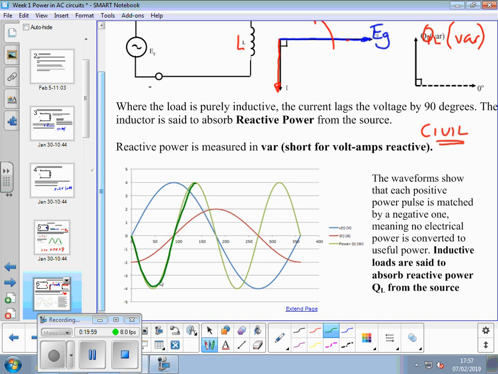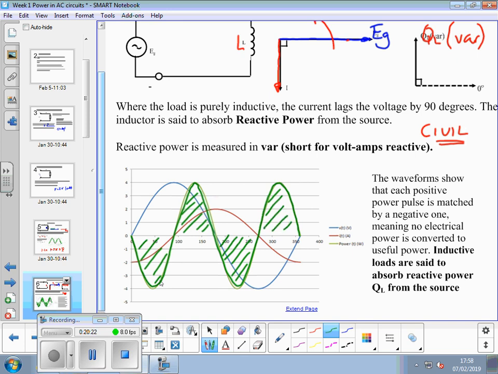And if we then calculate the instantaneous power, there it is, that green line there. We've got half of it above the line, half of it below. There's an area below, area above, area below, area above.